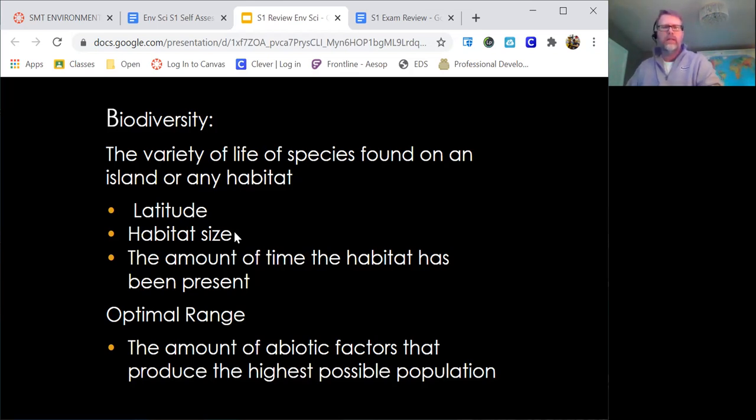And that's going to be based on the optimal range, which is the abiotic factors that produce the highest possible population. If we think about the things with the highest optimal range, that'd be like the Amazon rainforest. What are the abiotic factors, the non-living factors? Well, it gets rain. It's close to the equator.